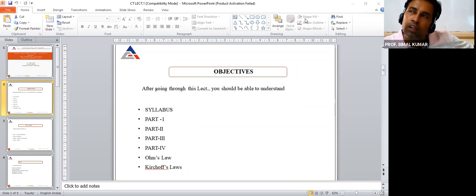Different theorems are nothing but different techniques to calculate voltage, current or power across any element of the circuit. And one thing more which is very important: these network theorems may be applicable to AC as well as DC networks.